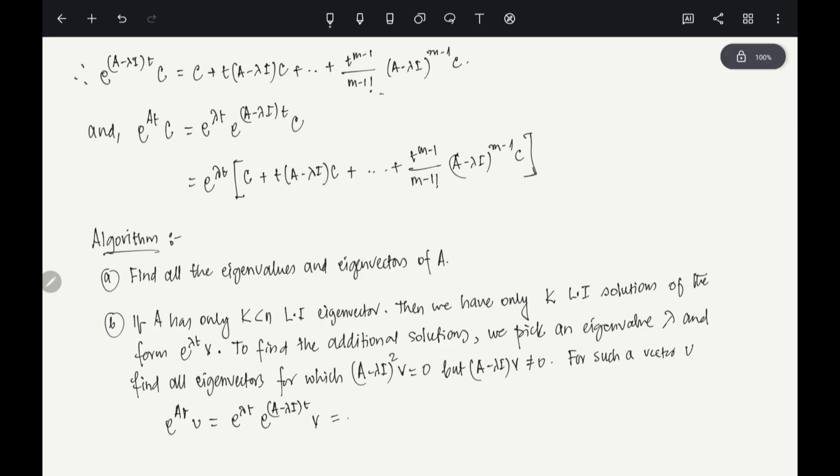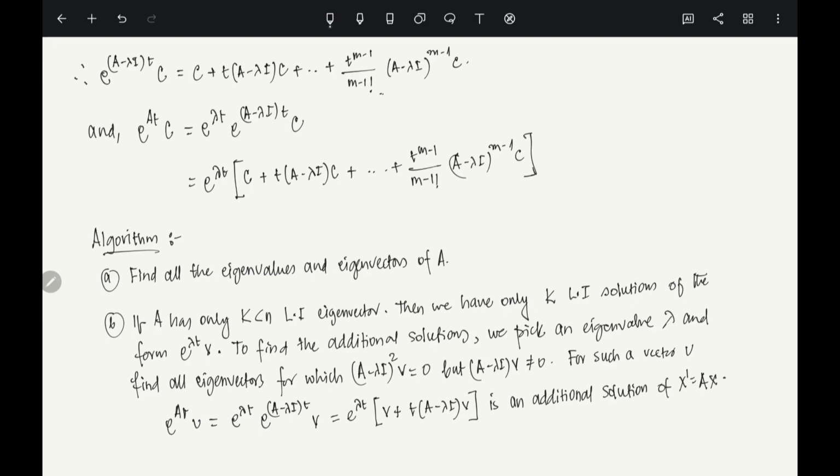This is nothing but e power lambda t times v plus t times a minus lambda I times v, because the square term and everything after it is going to be 0. So this will be an additional solution of x prime equals A x. Clear?